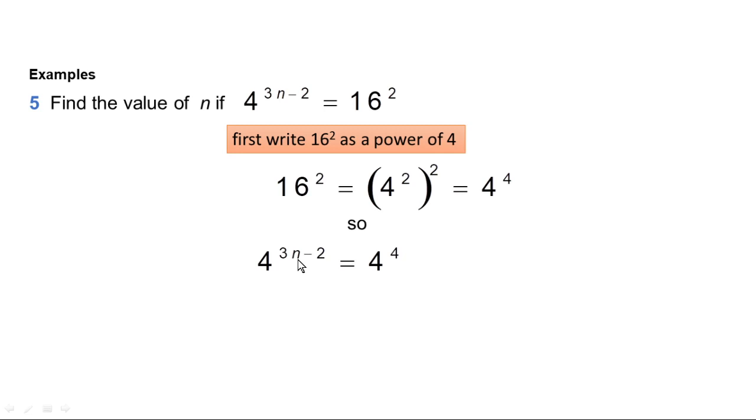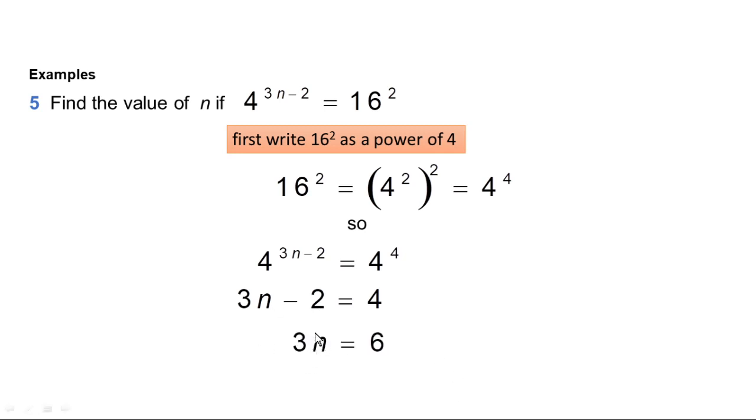Since I have a single base on the left and a single base on the right, then I can equate the indices or exponents, which will give us 3n minus 2 is equal to 4. I will add first 2 to both sides. That will give you 3n is equal to 6.